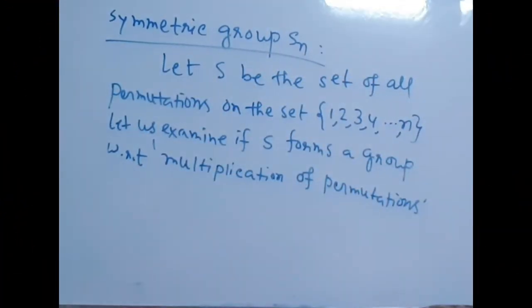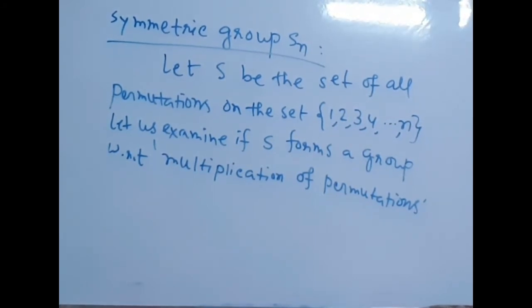Let S be the set of all permutations on the set {1, ..., n}. Let us examine if S forms a group with respect to multiplication of permutations. Here we consider a set of n elements, so obviously the number of permutations is n factorial.